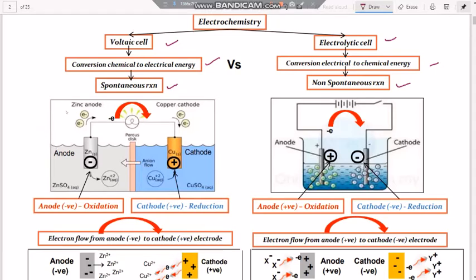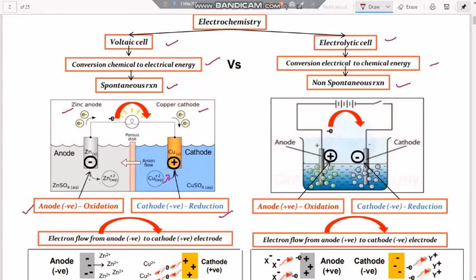In the voltaic cell, zinc is acting as anode and copper is acting as cathode. Zinc is the anode where oxidation takes place, and copper is the cathode where reduction takes place. In the picture, you can observe that zinc ions from the zinc rod start coming out, and in the copper compartment, copper ions are depositing over the copper rod.